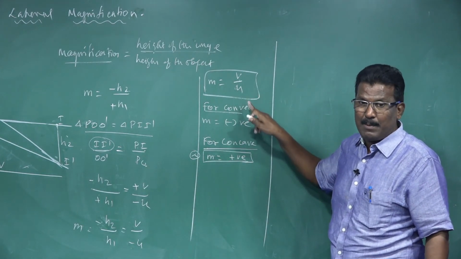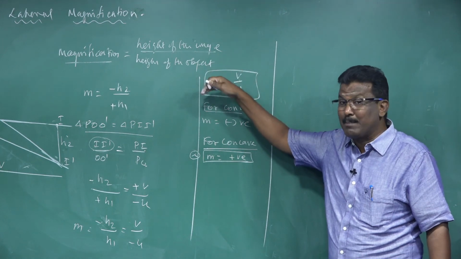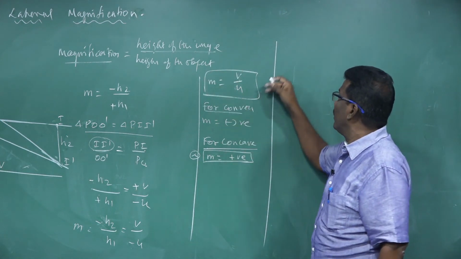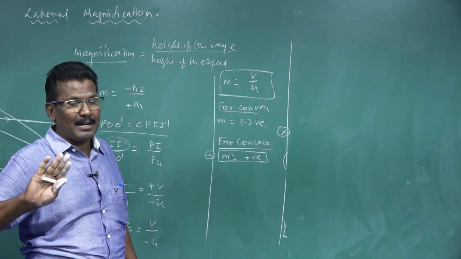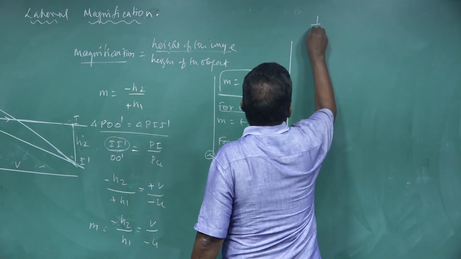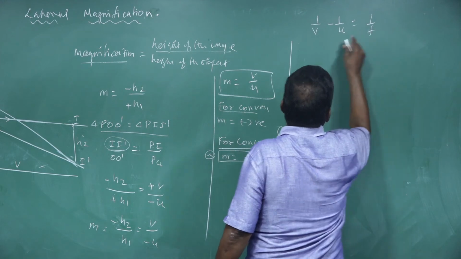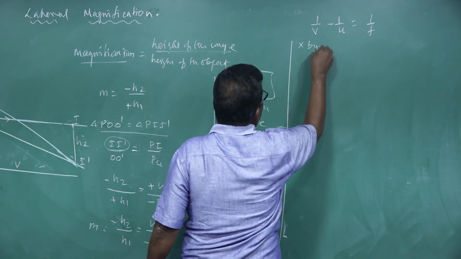So how do we calculate magnification using the lens formula? 1 by v minus 1 by u is equal to 1 by f. Multiply both sides by v.